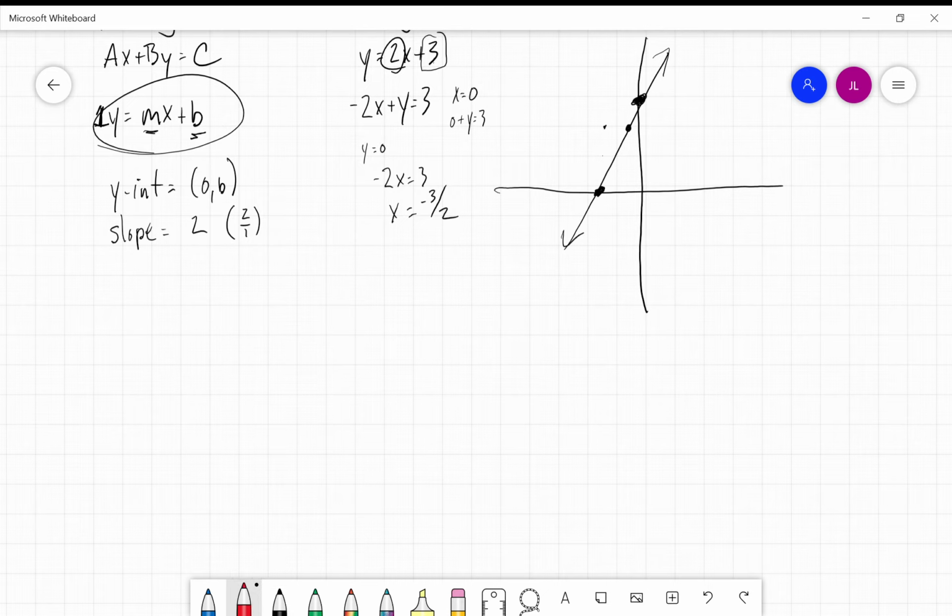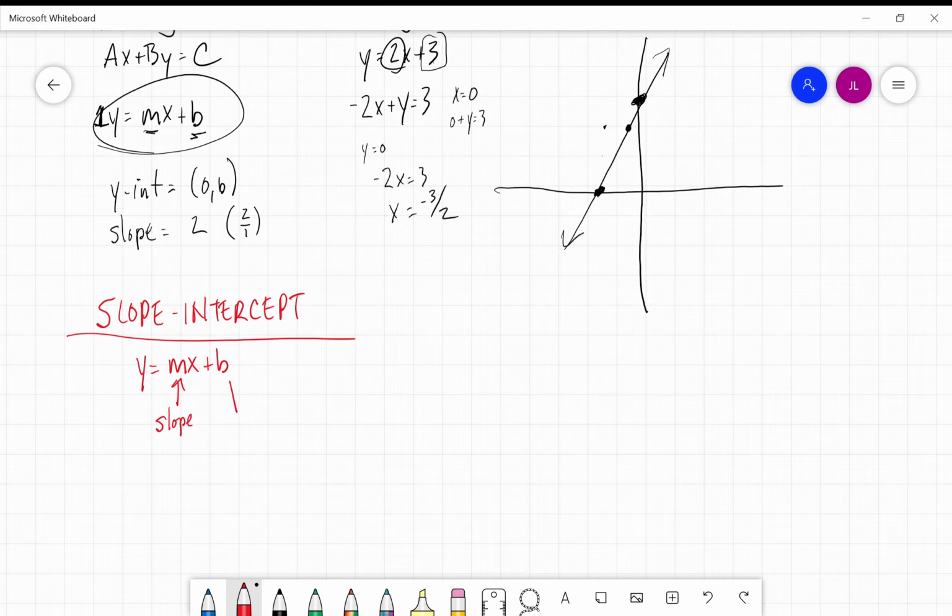I want to make sure you understand, slope-intercept is what it says. Slope-intercept is our y equals mx plus b, and we get the name because m is relevant to the slope, and b is relevant to the y-intercept. That's why we call this slope-intercept form.